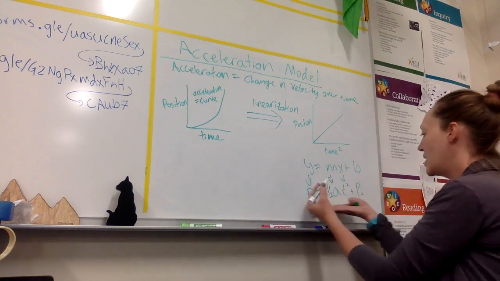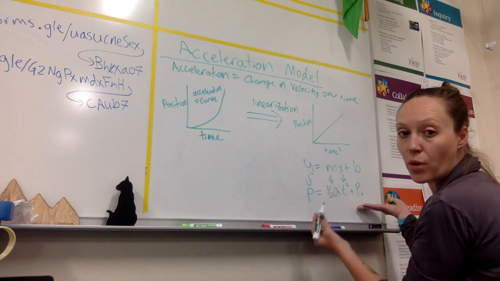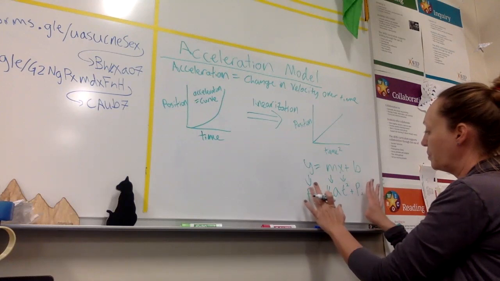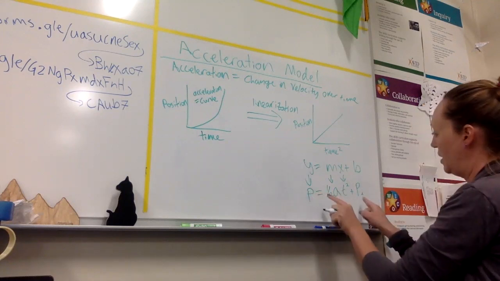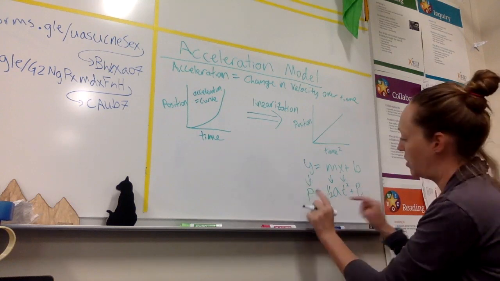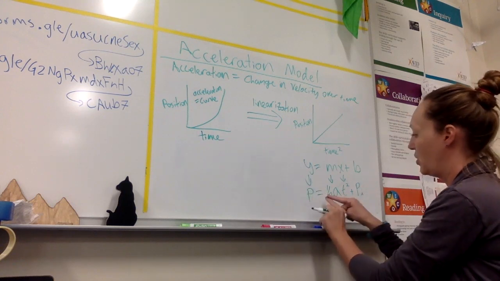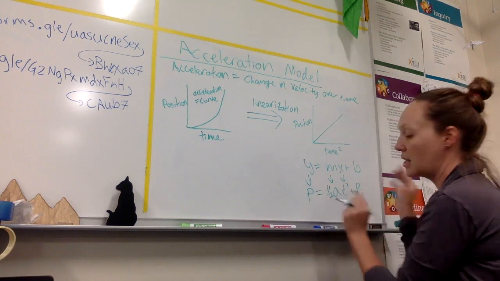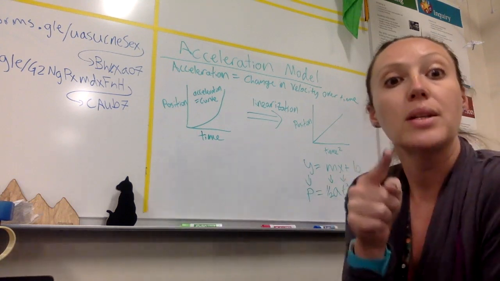All right, so this is actually a very famous formula for free fall. If you take p minus p initial, you get distance. The distance that this thing travels is 1/2 a t squared. Now, here's a quick note.